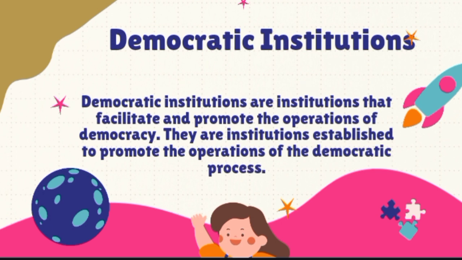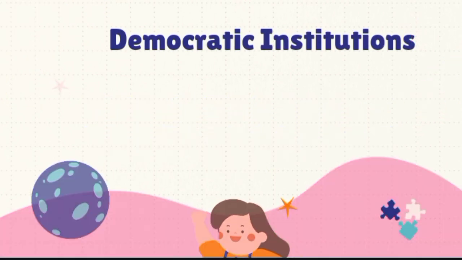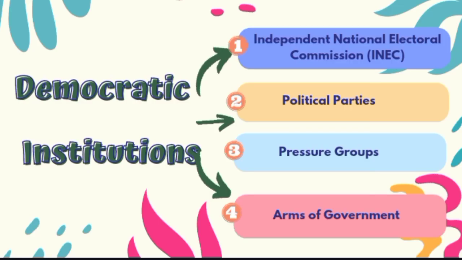And these are the Independent National Electoral Commission, that is INEC. Then we have the political parties, we have pressure groups, and then we have arms of government. These are the four democratic institutions.